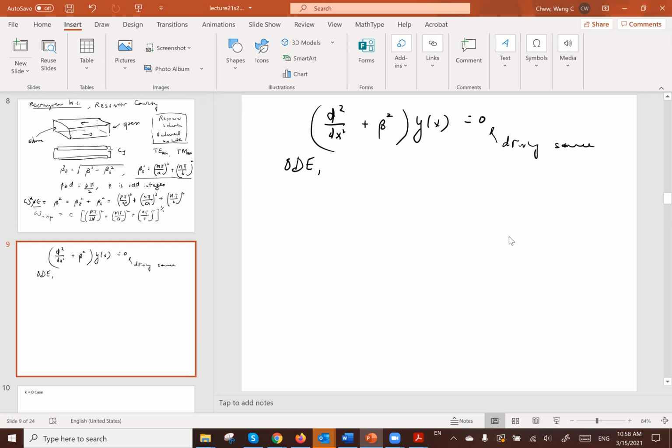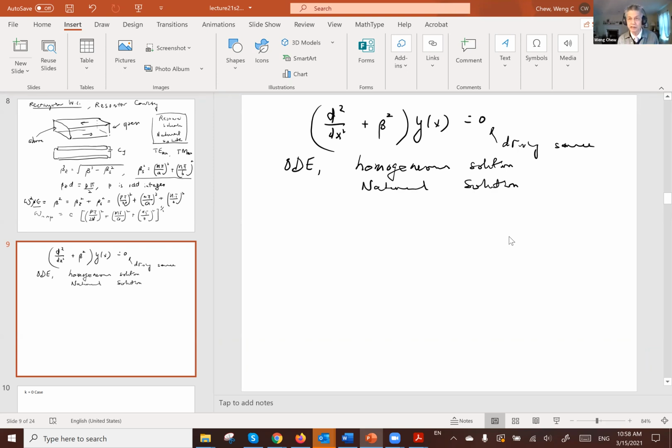Homogeneous? Very good, homogeneous solution. So there's a mathematical term for it, homogeneous solution, and the physics term is natural solution. A solution without the driving source.